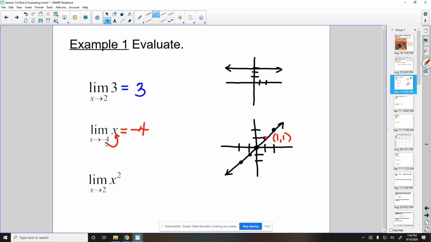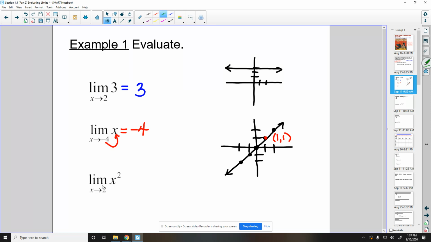That essentially means take the number that you're trying to find the limit at and plug it into the function, and if you get an answer, then that is the limit. So that's a big time shortcut for us when we don't have the graphs in front of us.